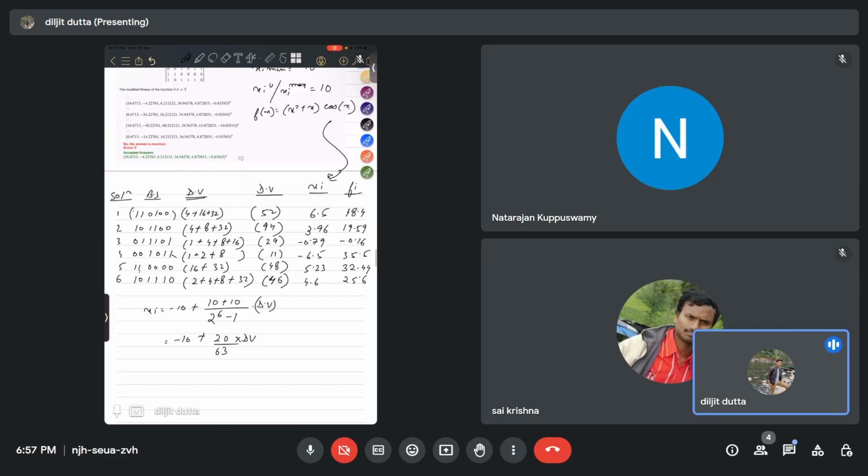So these are the fitness values, okay. You can see this is the highest fitness, followed by the next, and this is the lowest fitness.